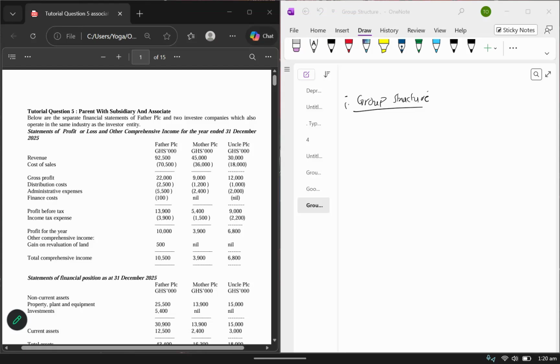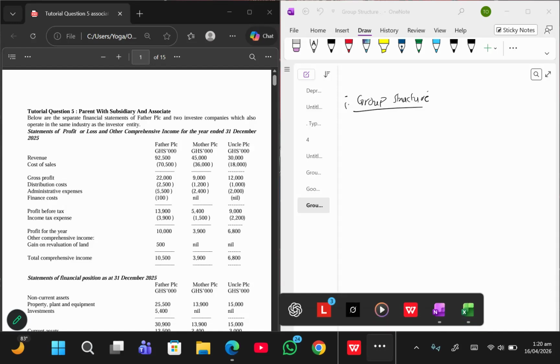Okay, so I just want to use this question to explain a few things that I think will help us revise for the exams. I have the solution already in Excel.